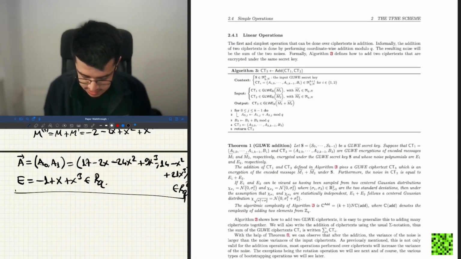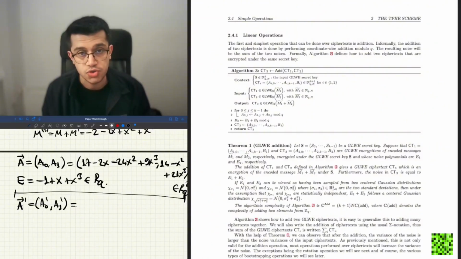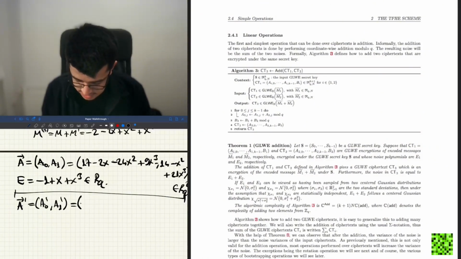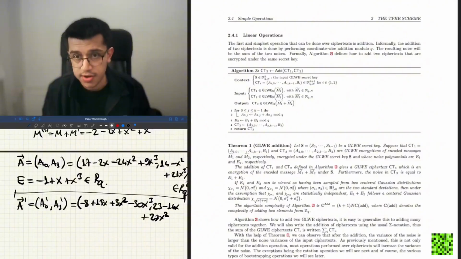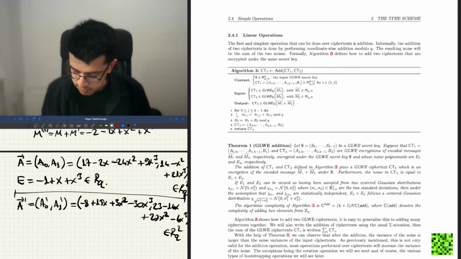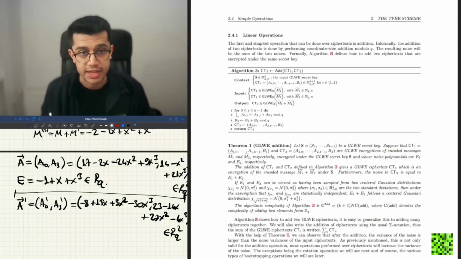So let's say a prime vector is equal to a0 prime, comma, a1 prime, is equal to minus 8 plus 15x plus 3x squared minus 30x cubed, comma, 23 minus 16x plus 27x squared minus 4x cubed, which is also an element from RQ squared polynomial ring.